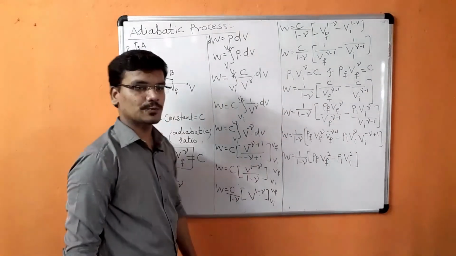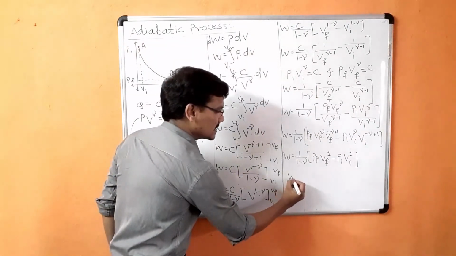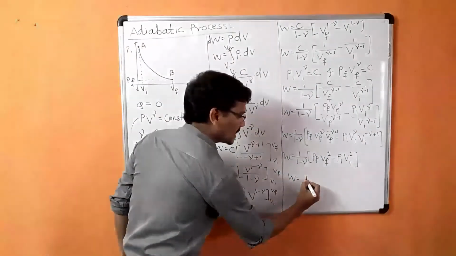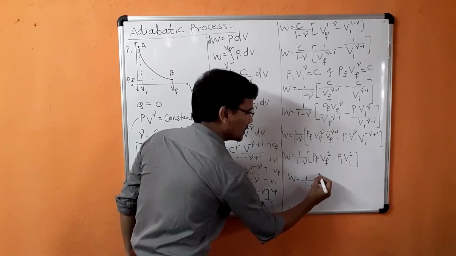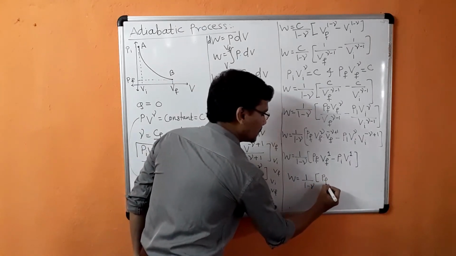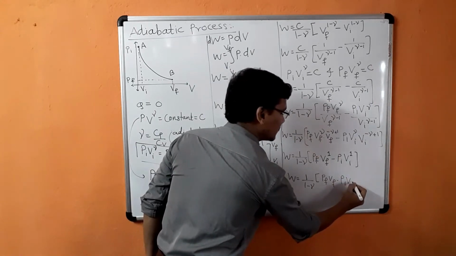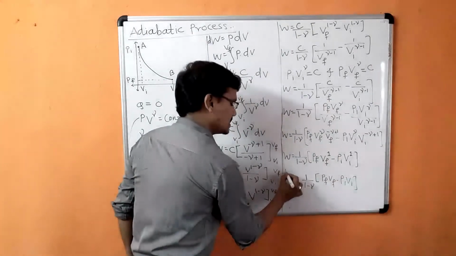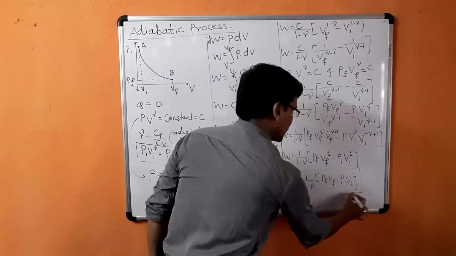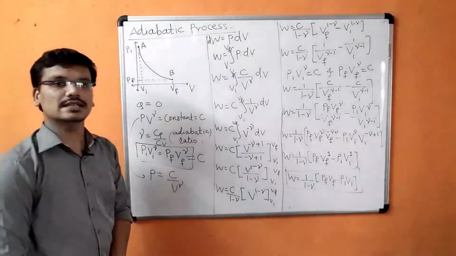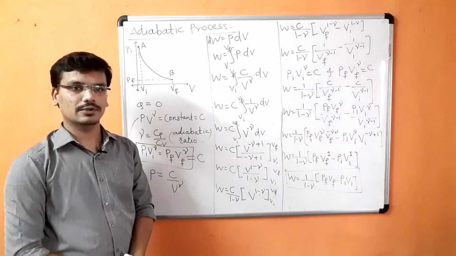Therefore the final equation is W equals 1 upon 1 minus gamma in bracket PfVf minus PiVi. This is the work done during the adiabatic process.